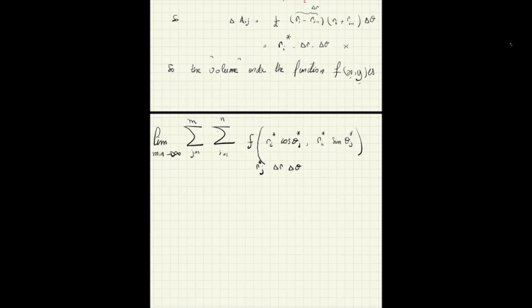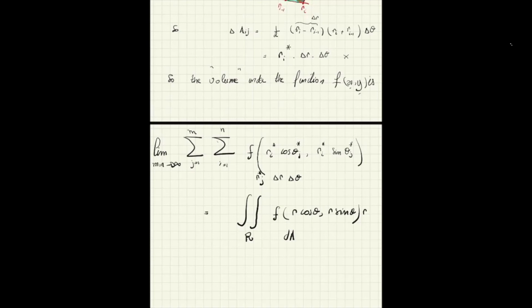So if you look at our definition previously of a normal integral, this is just the integral of a function f(r cos theta, r sine theta) r, right, dr dtheta, over the rectangle R. That's exactly, if you look back. Is there any typo here? Let me see.